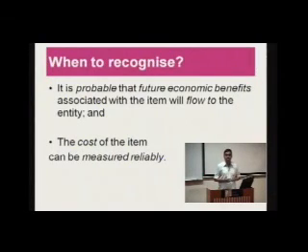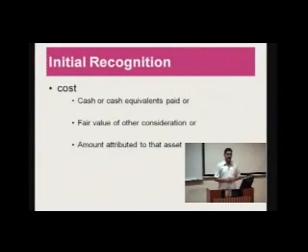But what is that cost at which the asset will be recognized? The initial recognition of PPE is at cost. The cost can be cash or equivalent money paid. The cost may be the fair value of other consideration, or sometimes it may be as per the value decided by another IFRS.